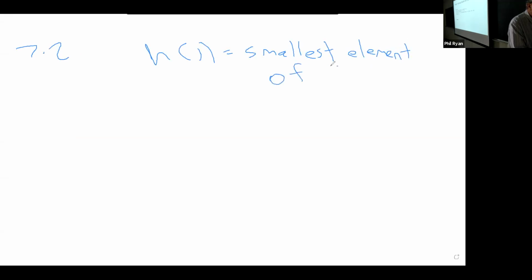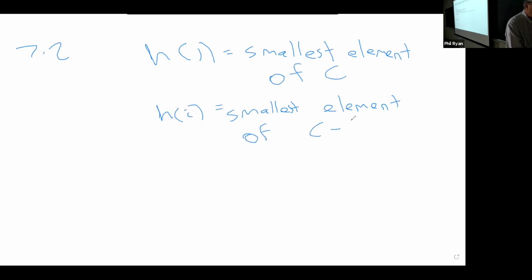When we did lemma 7.2, we constructed this function h, where h of 1 was the smallest element of our subset C, and then we defined h of i to be the smallest element of C after we took out h of 1 to h of i minus 1.